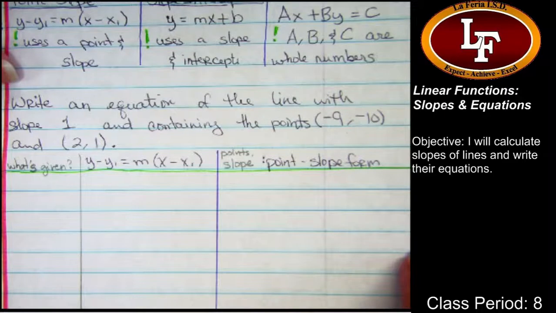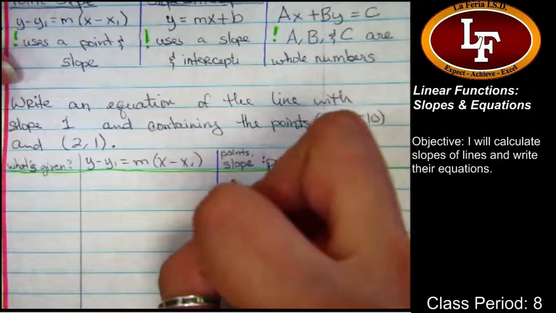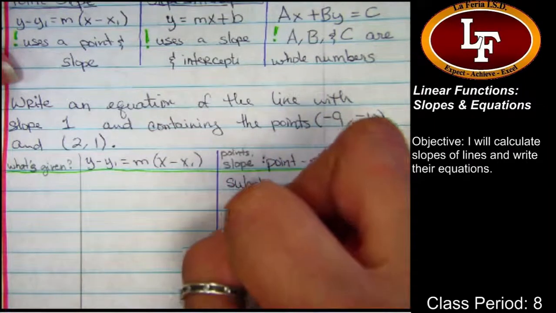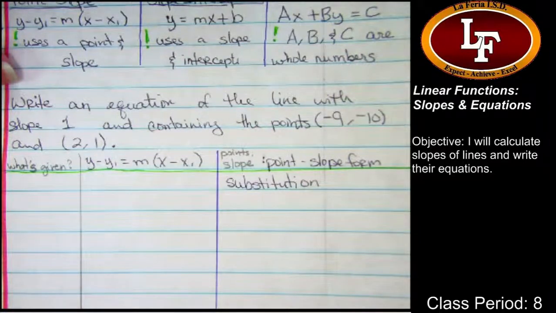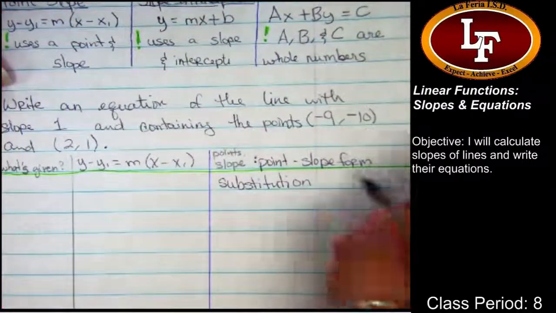Now what? We need to put the numbers in there. What's that called when we put the numbers in there for the letters? Substitution. That's what you were going to say, right? Substitution. So what is m?